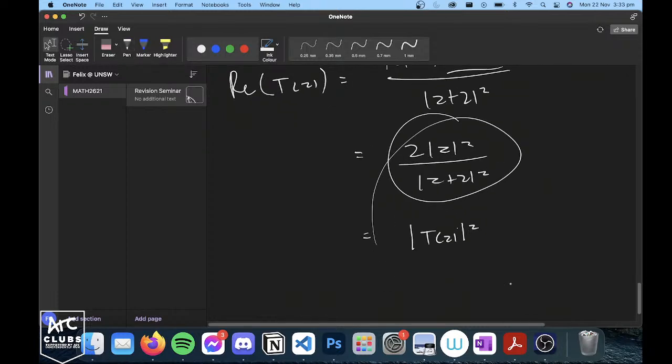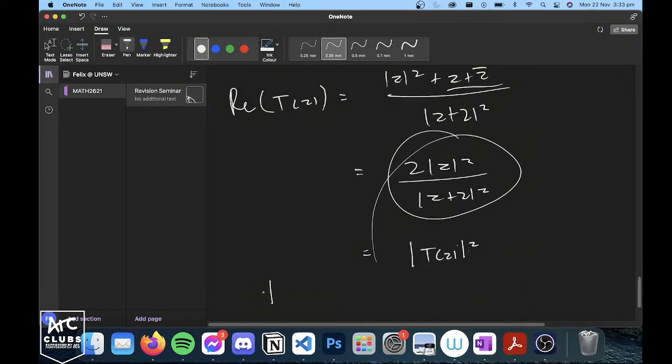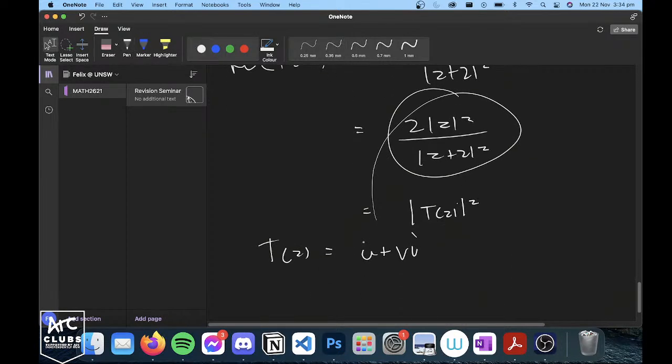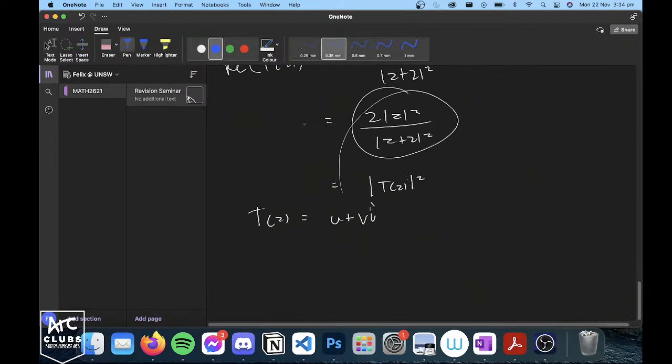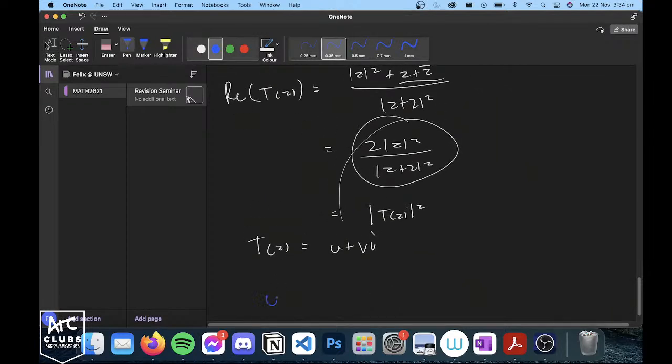If we express T of z as u plus vi, we get that u equals... oh, there's a 2 here. 2 times u squared plus v squared.